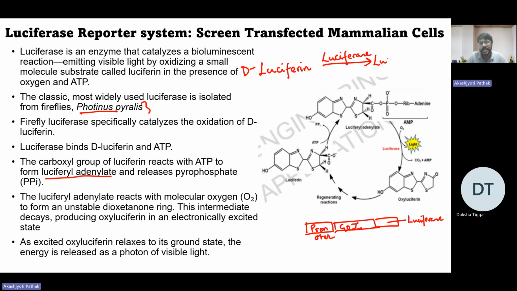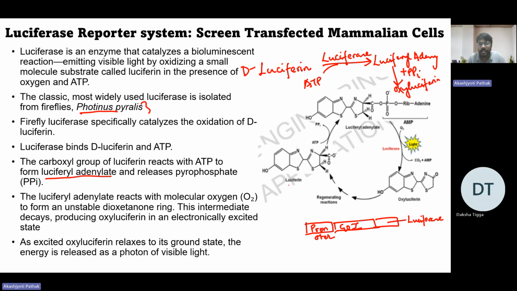Remember these names: luciferyl adenylate, and ATP is also required. So luciferyl adenylate is produced and pyrophosphate is produced. Now this luciferyl adenylate reacts with molecular oxygen, and what is produced? Oxyluciferin is produced.